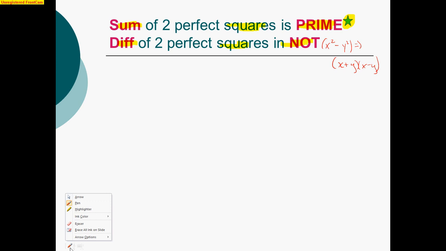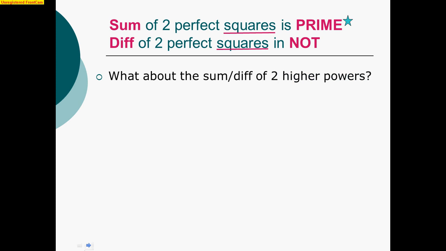Well, what if I'm not dealing with squares? What if I'm dealing with higher powers? What if the sum or difference of cubes or fourths or fifths? I am talking about matching powers though. They have to be like powers.